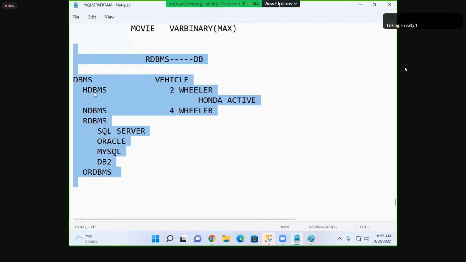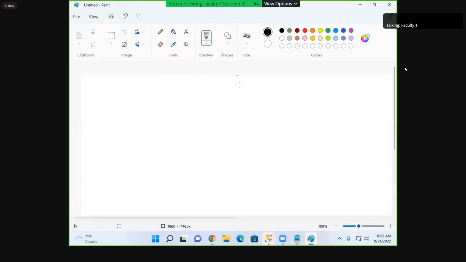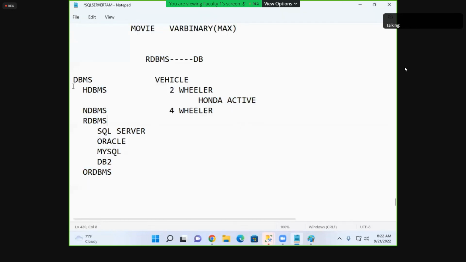If you go to HDBMS, the data is organized in a hierarchy, a tree structure. In NDBMS, they use nodes. In RDBMS, the data is organized in tables.